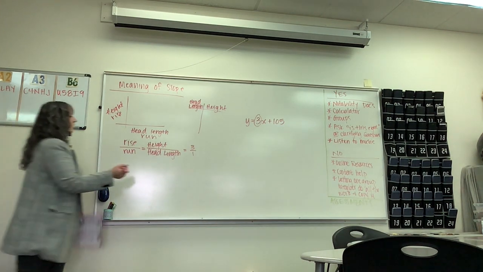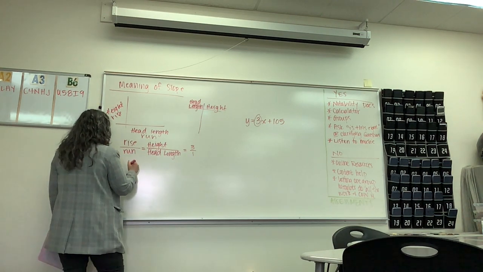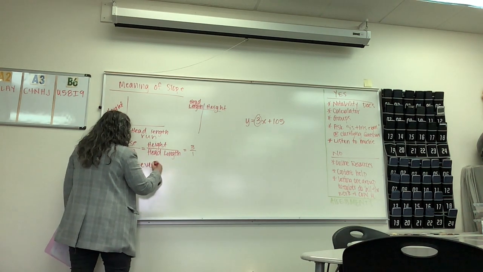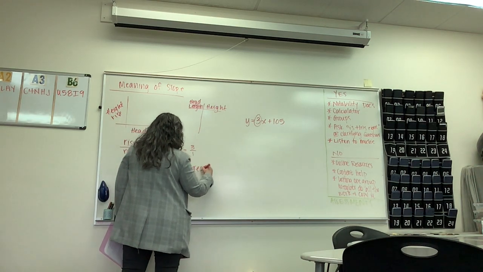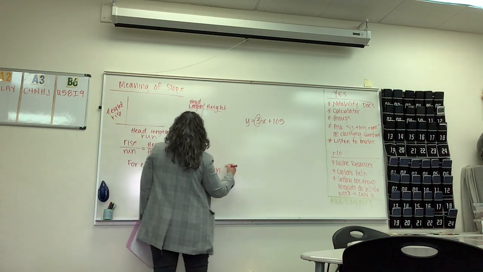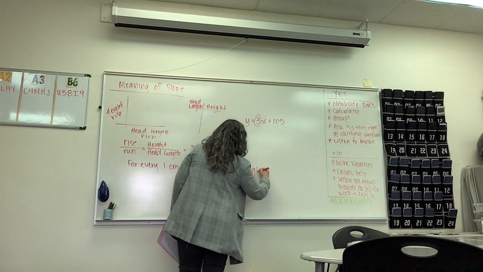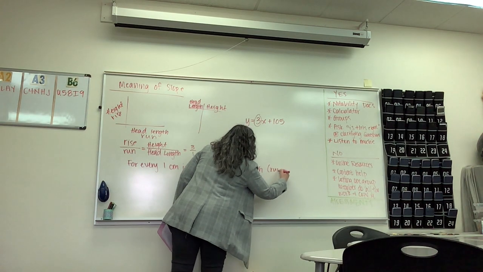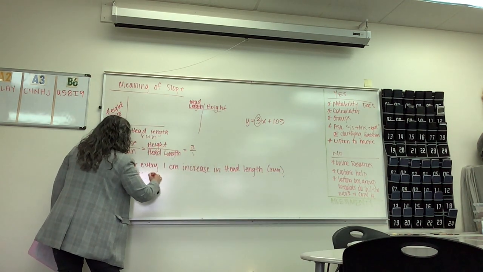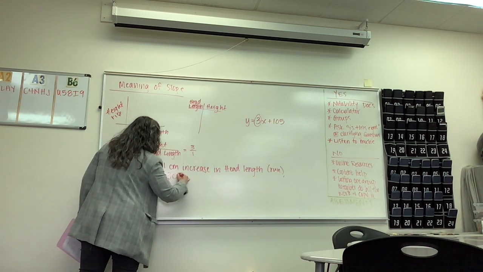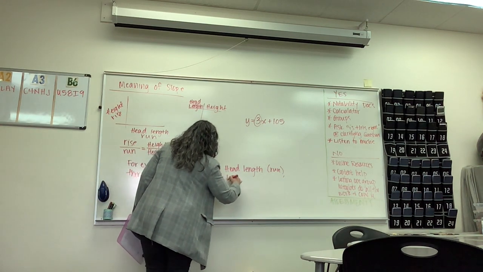This means that for every, and this is what I'm looking for on the assessment, for every 1 centimeter increase in head length, so that is run, there is a 3 centimeter increase in height.